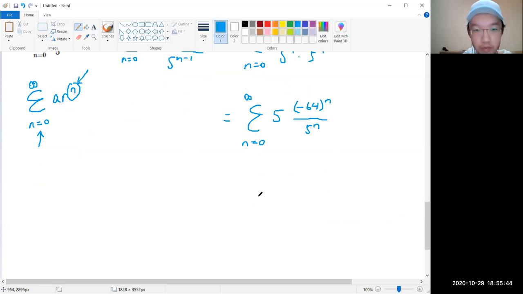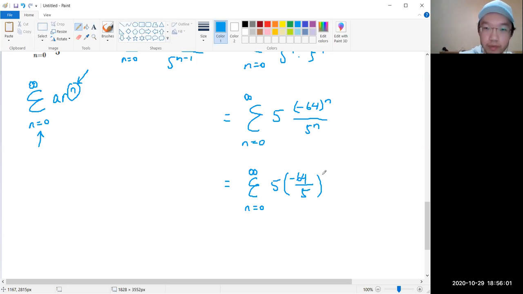And then, like before, when we have these two things to the nth power, we can combine it into 1. So this is the sum from n equals 0 to infinity of 5 times (-64 over 5) to the nth power. Okay, so I think we have gotten it in the form, right? This is in the form of a geometric series.